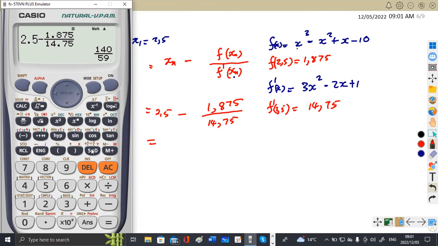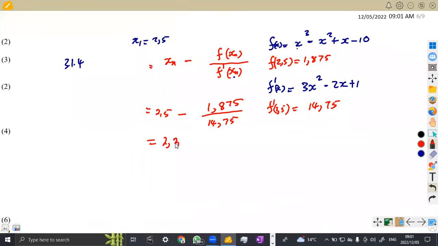So you're going to obtain something like 2,373, because remember, to 3 decimal places. Okay, so here we are now having the first solution.